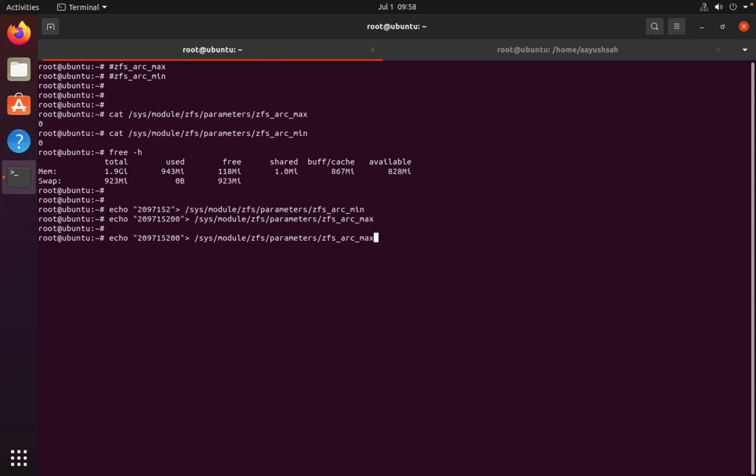Okay, now if you cat this value, the cache will now allocate only 200 MB, and it can also utilize a maximum of 200 MB. So even if there is a large amount of memory present in the system, it will not use more than 200 MB.